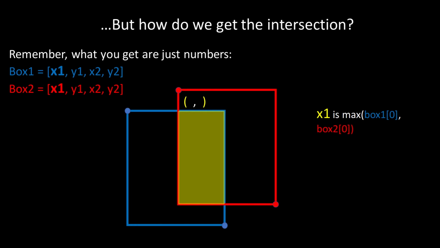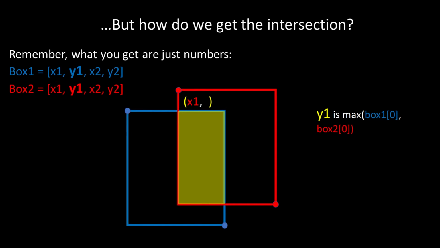And again, the x1 value is the maximum of the blue box top left x value and the red one top left corner x value, so the x1 of the two boxes. And in this case, that's going to be the red one, right? Because it's further to the right than the blue one.